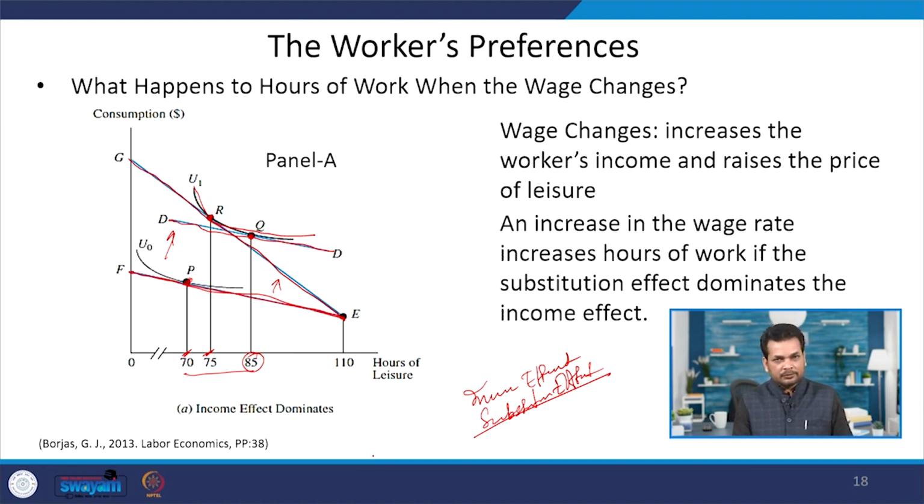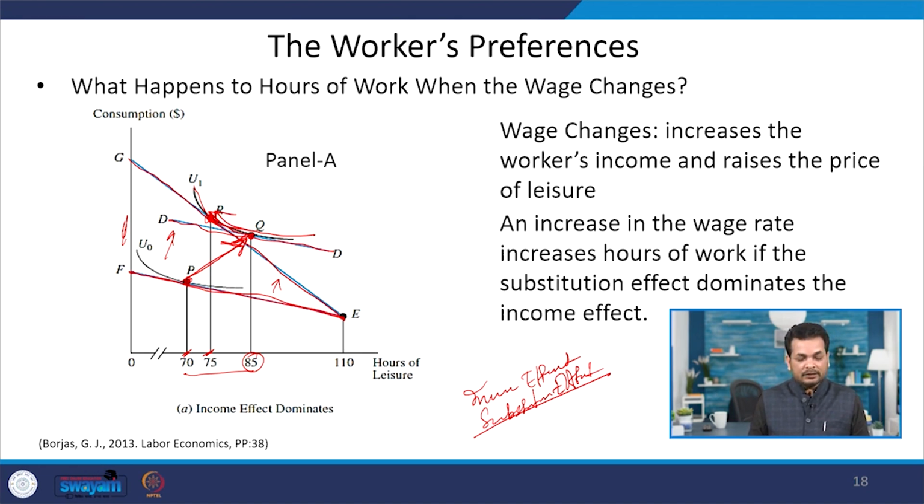to do the trade off. So, he substitutes work, substitutes consumption with the leisure. So, he moves along the same utility function upward, where he finds point R. So, moving from P to R is through Q. So, P to Q is the income effect, Q to R is the substitution effect.